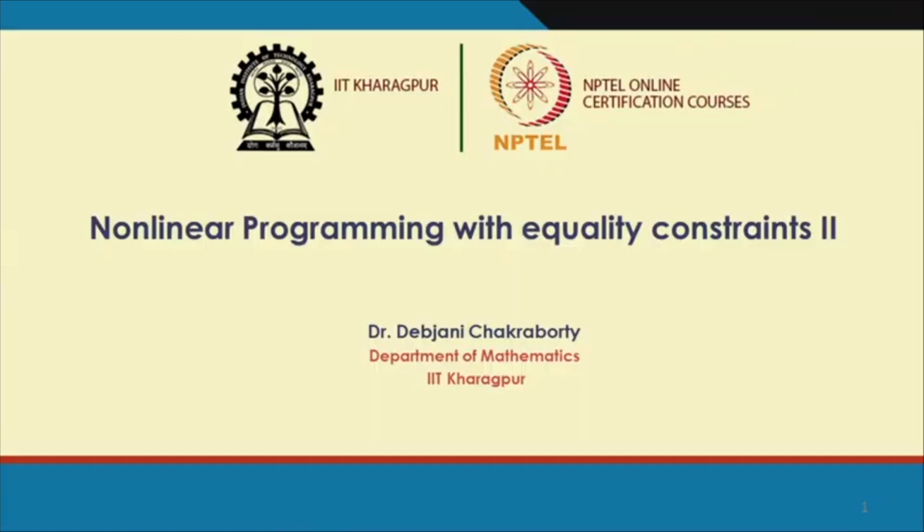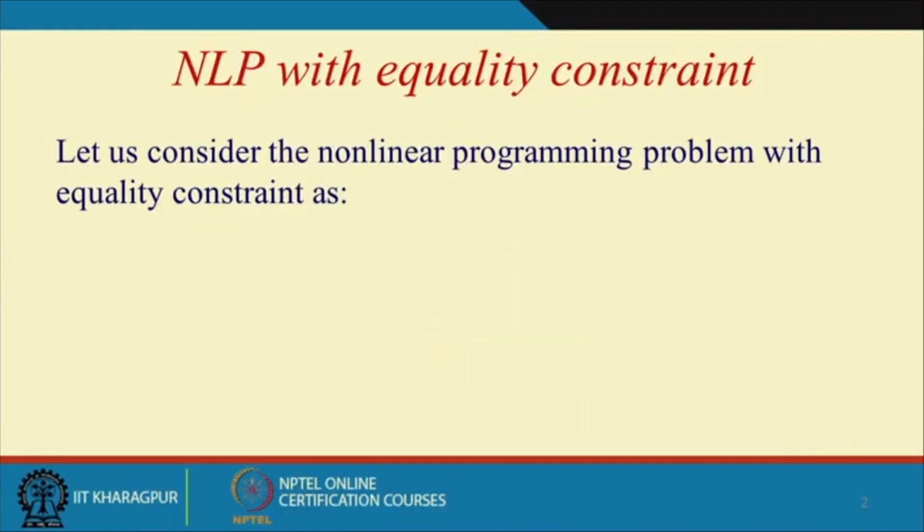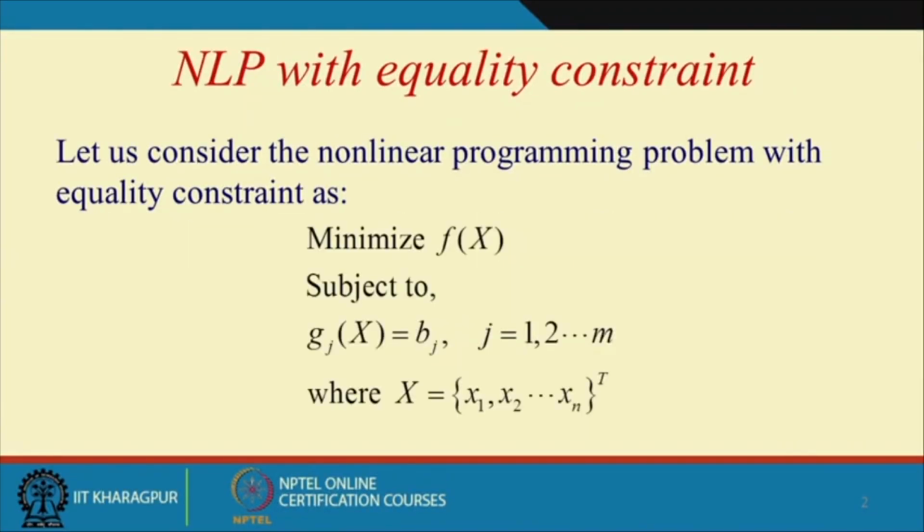Today we are considering the general model of the nonlinear programming problem, where we have m number of constraints, all of equality type, and one restriction: m is less than n. n is the dimension of the decision variable, the dimension of the nonlinear programming problem, and m is the number of constraints.